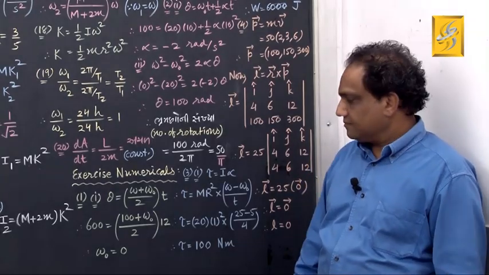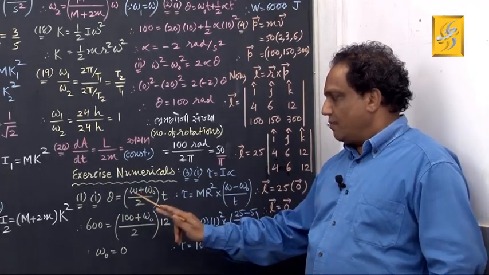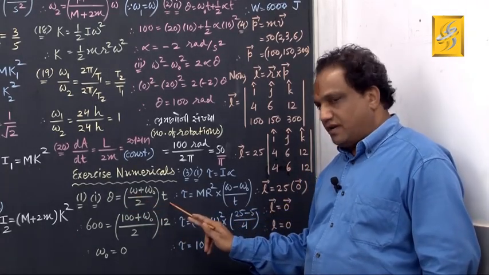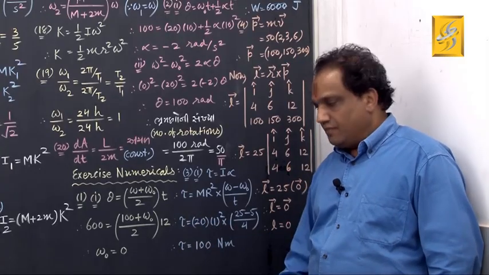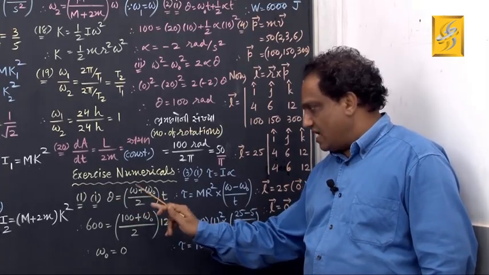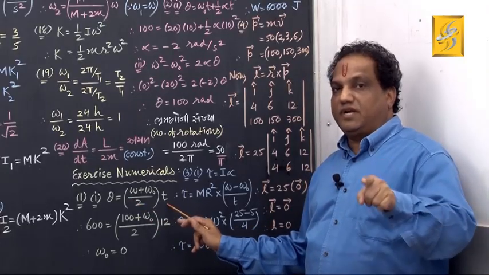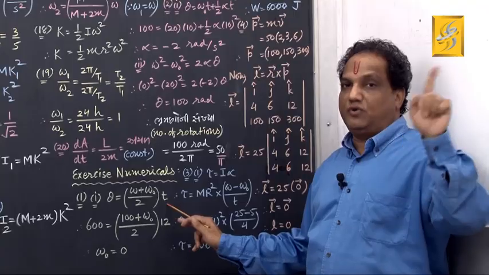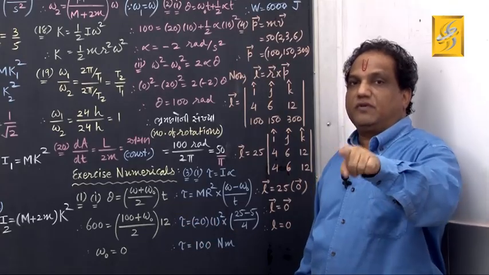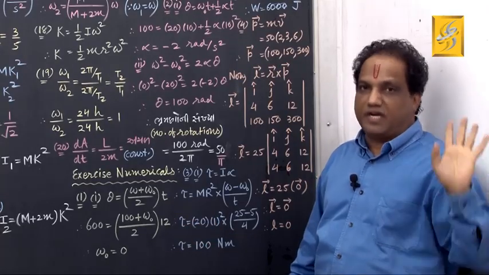Come on, read it. Theta equals omega plus omega 0 by 2 into t. Remember this formula. How? This is the angular displacement, this is average angular speed into time. The way in the first semester you had written d equals v plus v0 by 2 into t, linear displacement equals average linear speed multiplied by time.